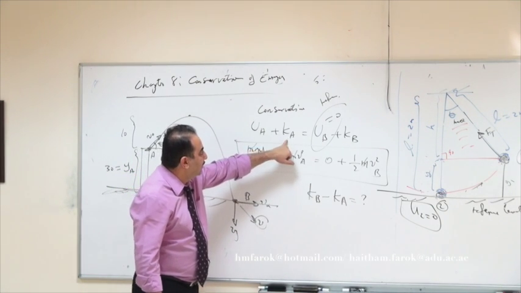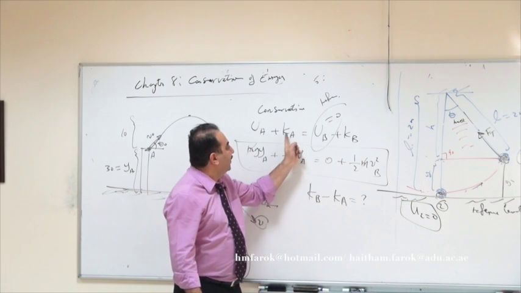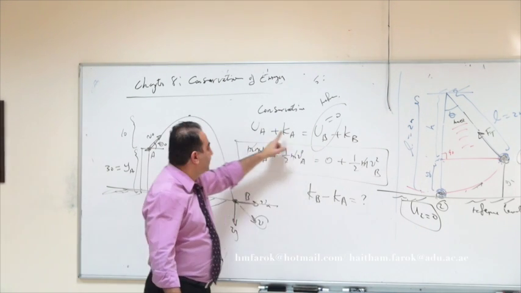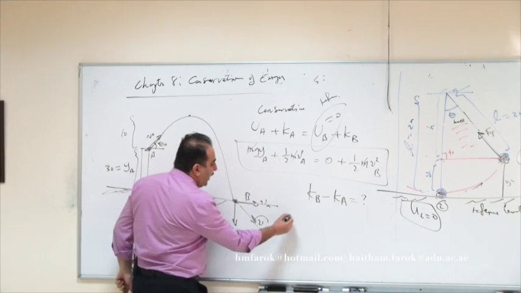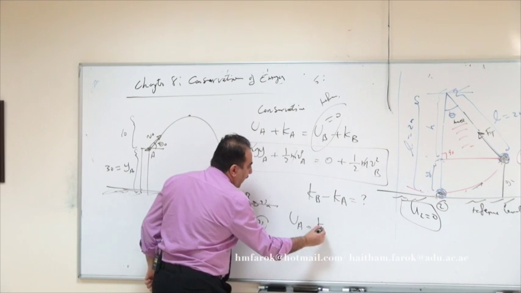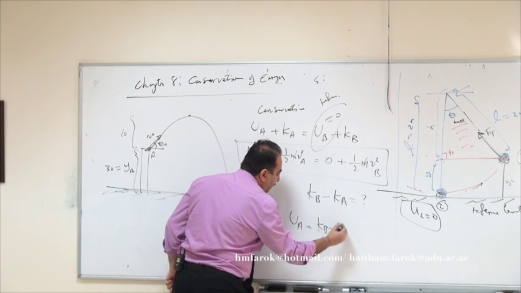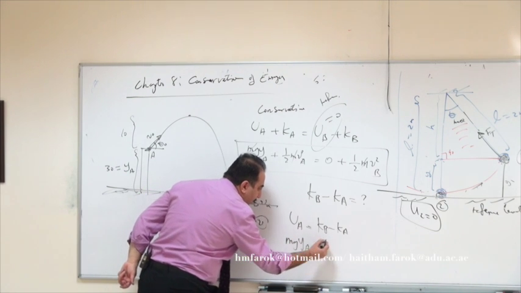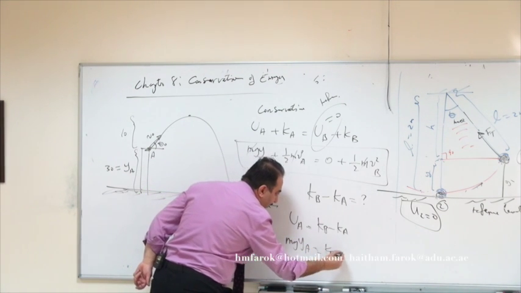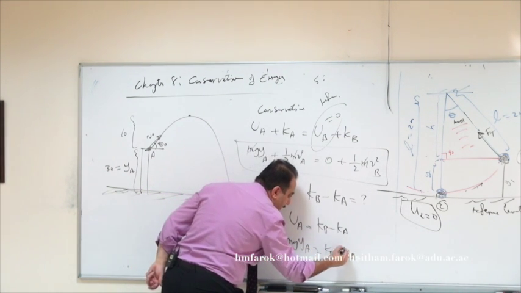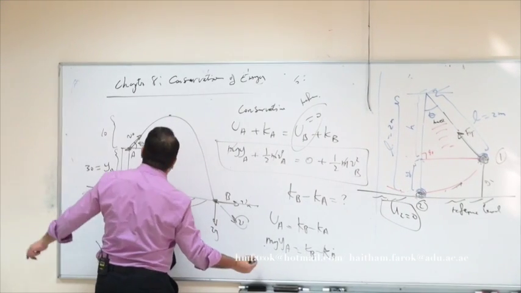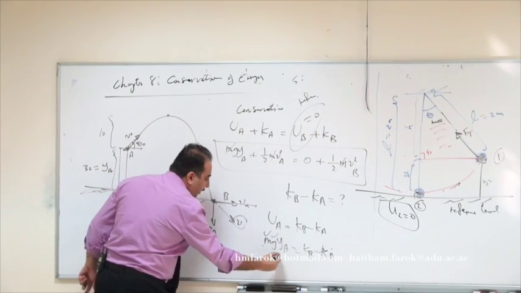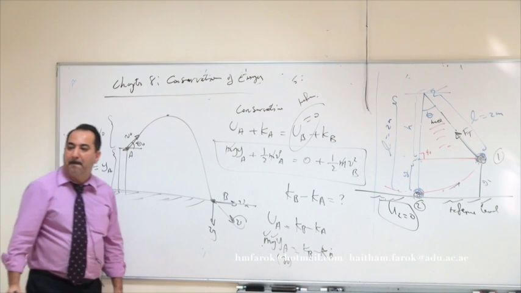This is A. So if I take this one to the side, what is left? UA equals KB minus KA. What is UA? mgYA. KB minus KA. m is given in the question. g given. YA is 30. That's it.